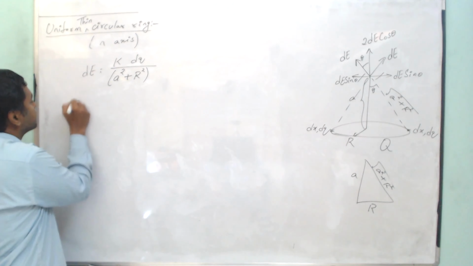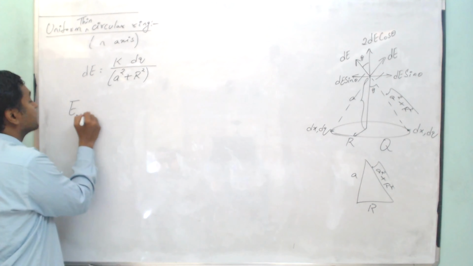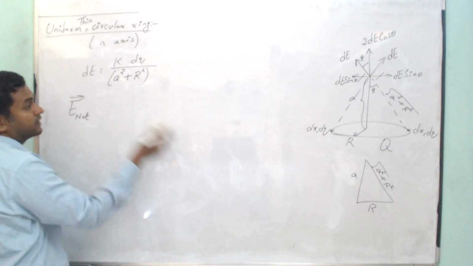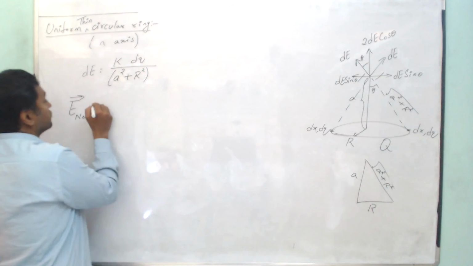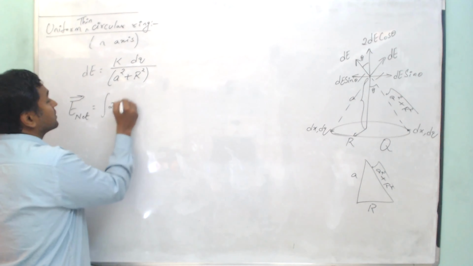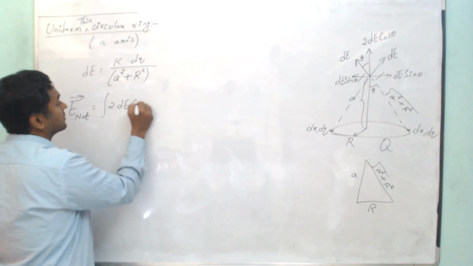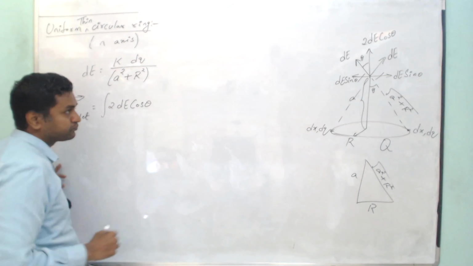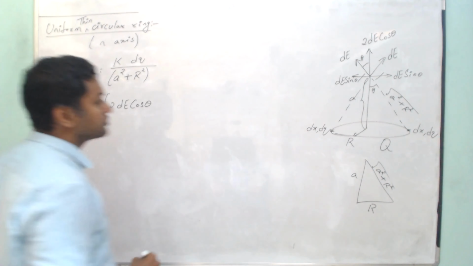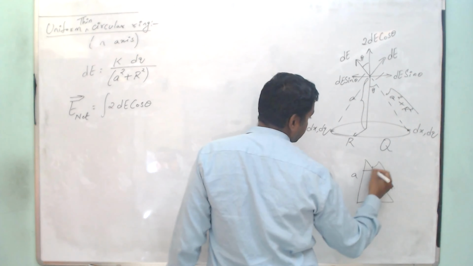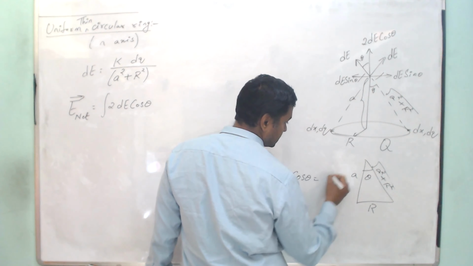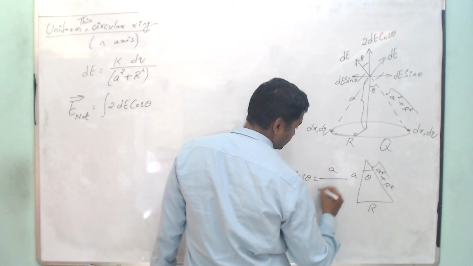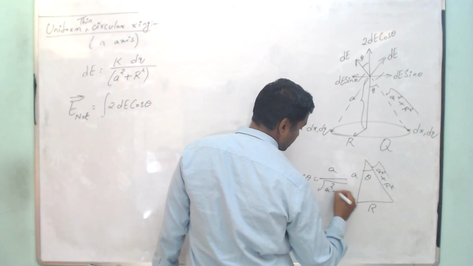Directly, I will write my E net at the point A on the axis is equal to integral of 2 dE cos theta. What is cos theta? This angle is theta, so my cos theta will be adjacent by hypotenuse.